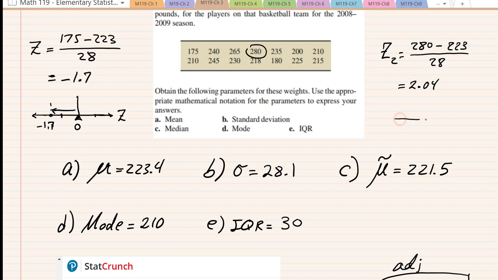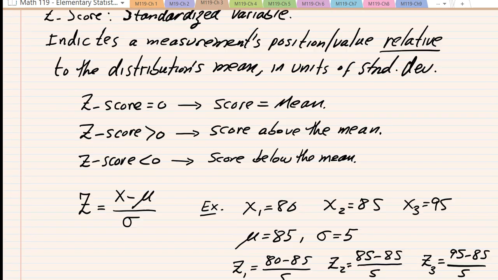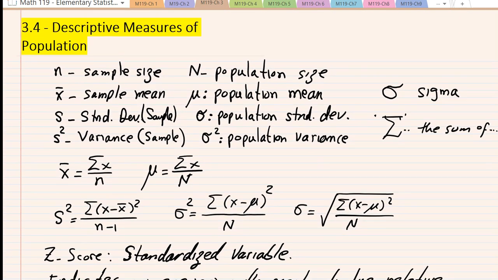So if you look at a Z-scale, this is the center of your data where the 0 is. 1, 2, just a hair over right here. That is 2.04. That's how far this person's weight is above the average. So one person is below by almost 2, the other is over by a little over 2 deviations. Okay, and with that we come to the end of this lecture. So we are done with section 3.4's lecture.